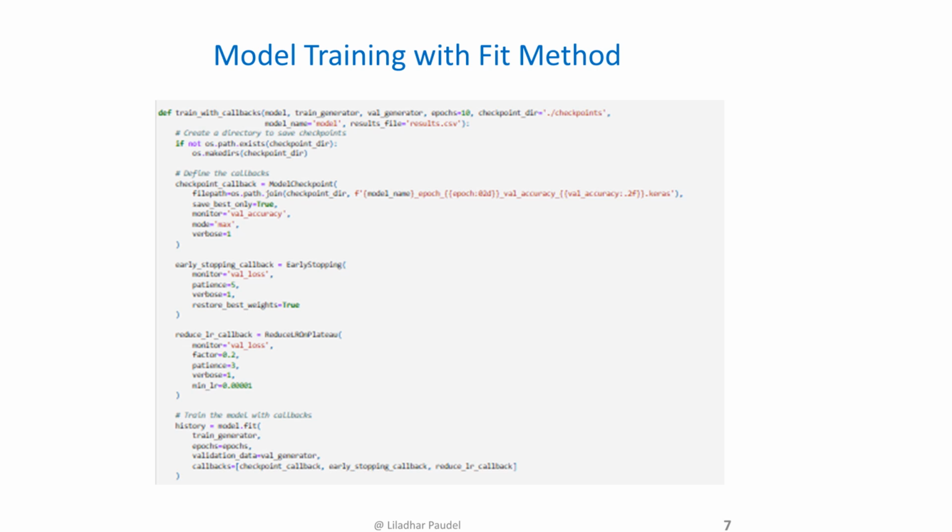During model training, I also use a checkpoint callback, an early stopping callback, and a reduce learning rate callback. This also helps in mitigating overfitting. The data are fitted, and the history of the training is saved in the history parameter.